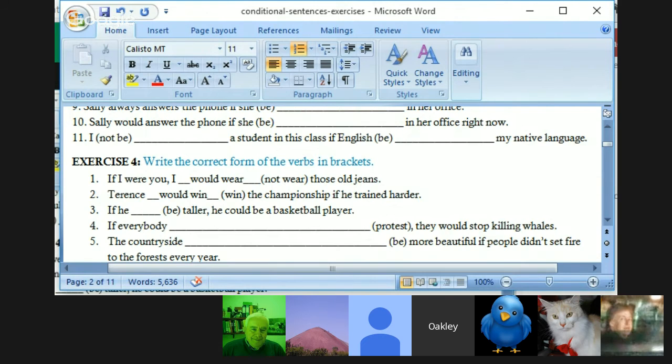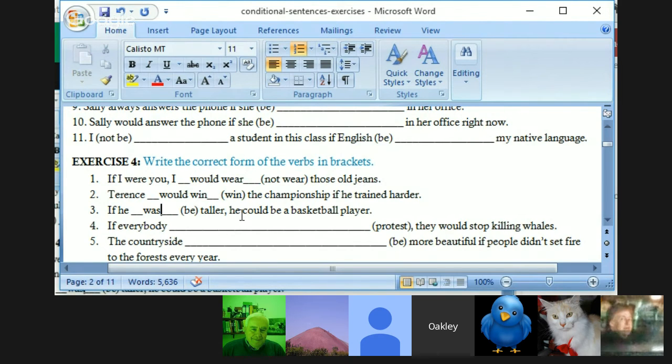Could be. If he was taller, he could be a basketball player. Okay, if he was taller. Okay, that's interesting.